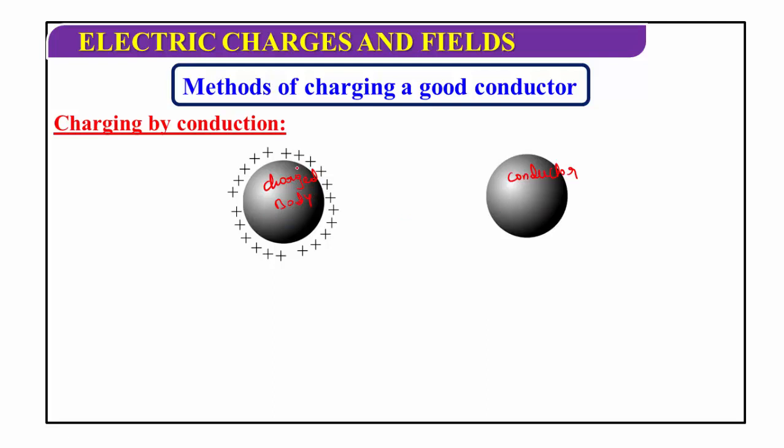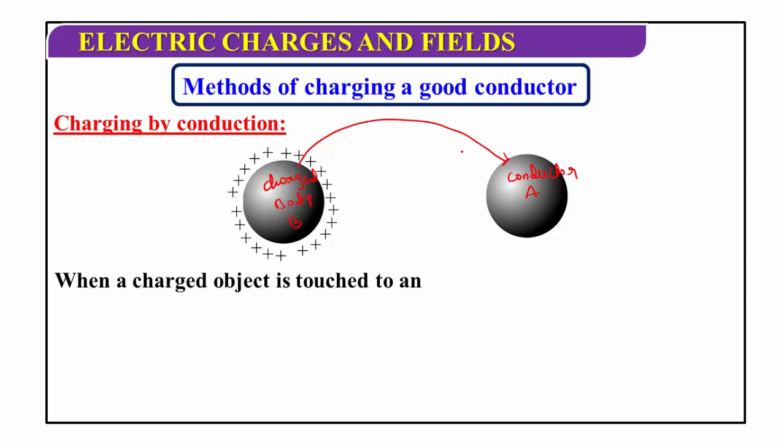And this is the positively charged body, a positively charged conductor. Now this is called a good conductor A and this is the positively charged conductor B. When the positively charged conductor B is brought in contact with the good conductor A, then A gets a positive charge.